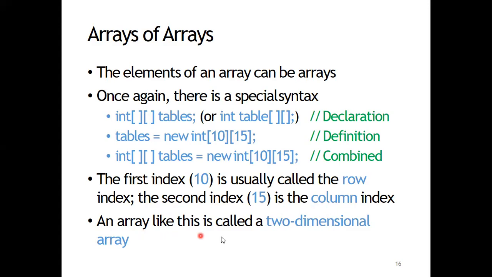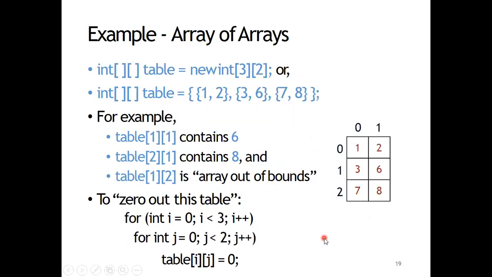An array like this is called a two-dimensional array, because there are two dimensions, columns and rows. Some of you may pronounce this differently. It is also correct.